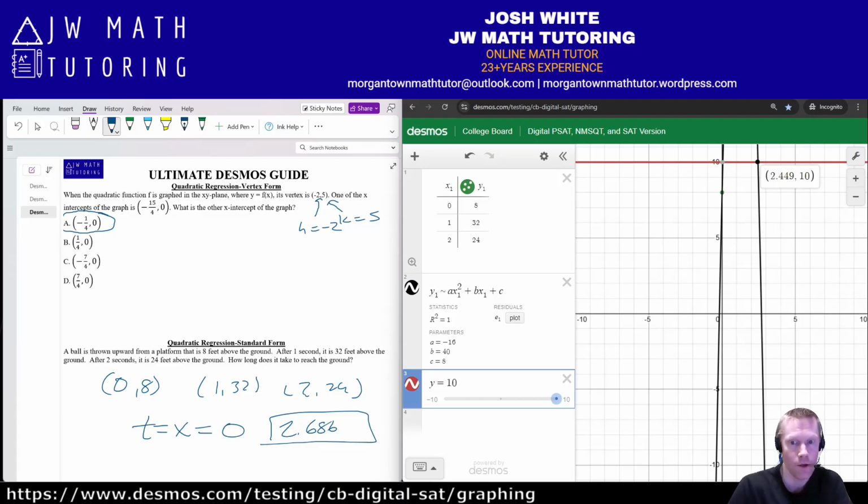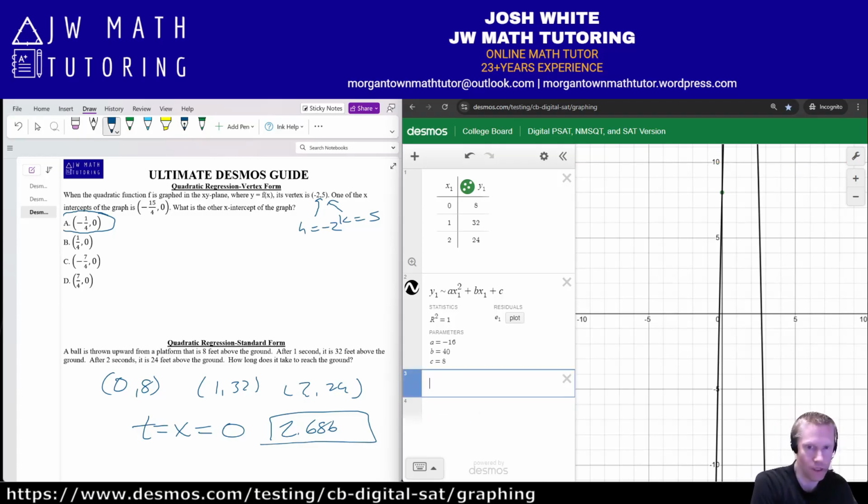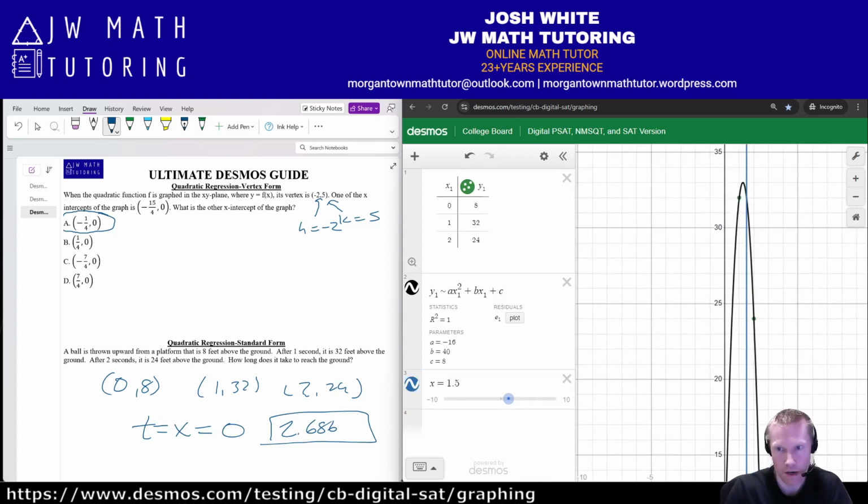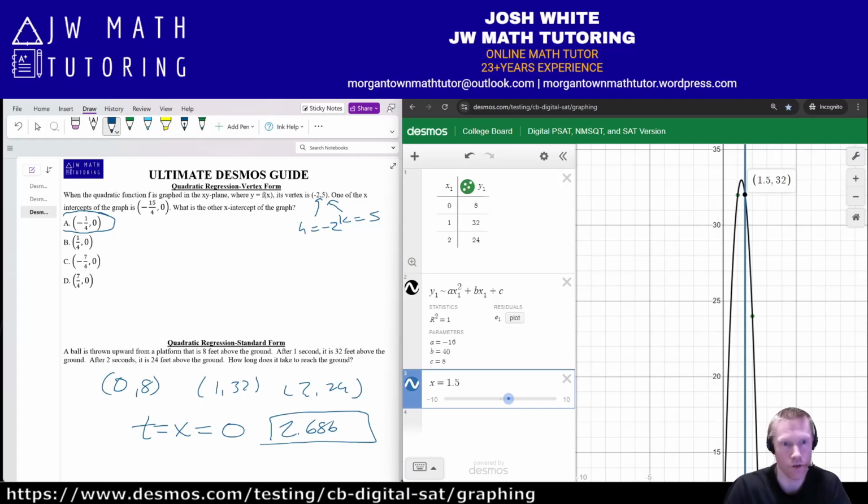Or it could say, what is the height of the ball 1.5 seconds after you throw it up. There you could just do x equals 1.5, and zoom in on the graph to see where it intersects. Okay, it's 32 feet above the ground. So those are just slight variations of problems that you could see when you're doing quadratic regression here.